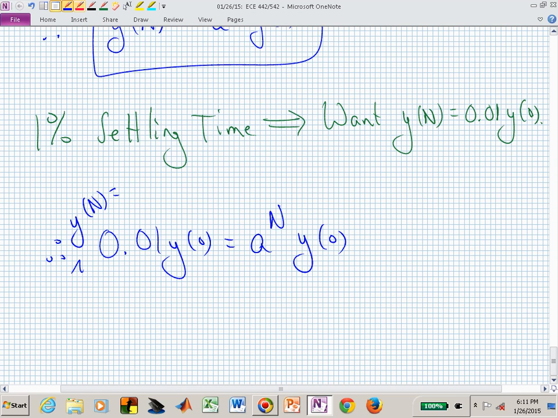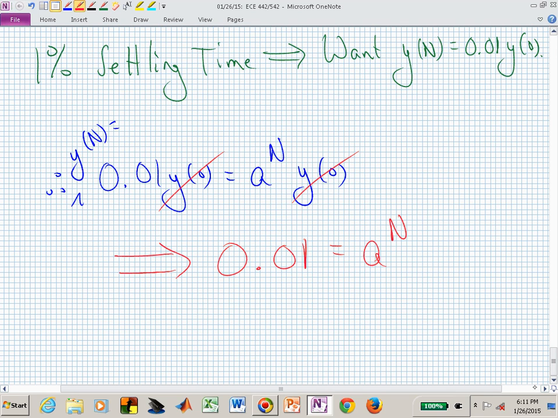And this is why the initial condition didn't really matter. As long as it's non-zero, we can divide both sides through by that, which provides us now with a relationship between the left-hand side, 0.01, and a, and capital N.